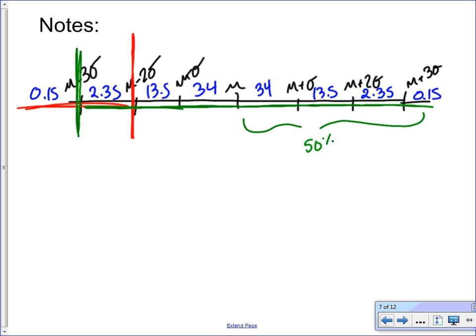You could also look at the thing that is not included, which is 0.15, and then just subtract that from 100%. 100% lies underneath the curve, subtract 0.15, and that's what's left over.